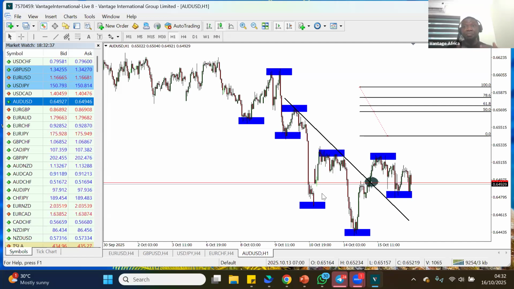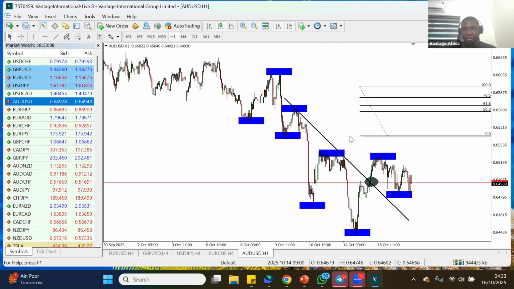That's a discount. If you're selling an instrument, you don't want to sell it so low. You want it to go higher before you sell so that you can capture the move as it comes down. This is where the idea of premium and discount came in, and that's where the Fibonacci becomes very useful to us.